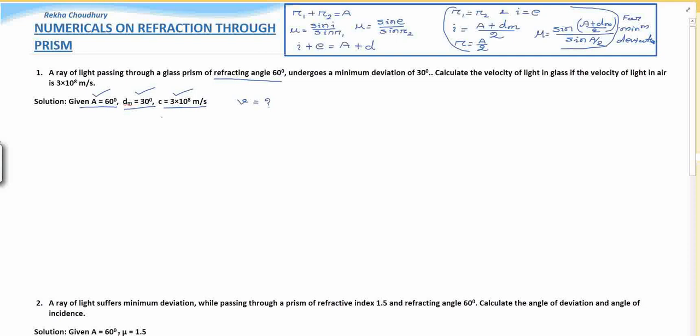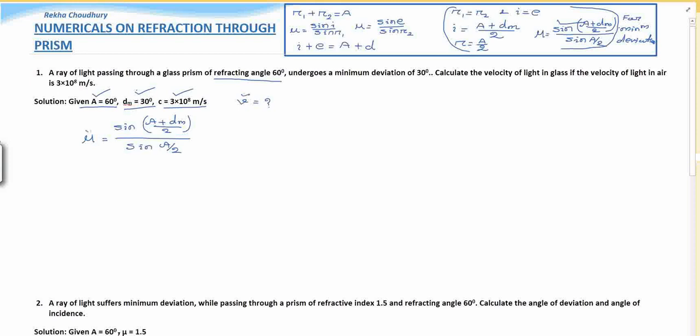So for this we will apply the formula mu is equal to sin of A plus dm by 2 divided by sin A divided by 2, as already given that the angle of deviation is minimum. But here it is asking about the velocity of light.